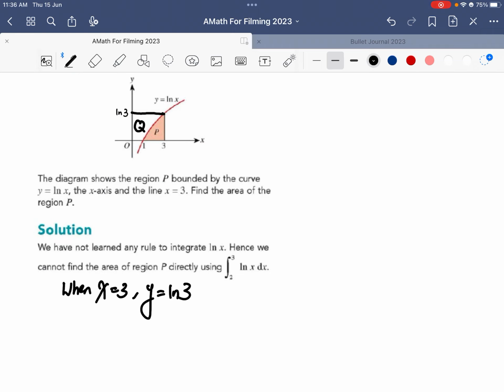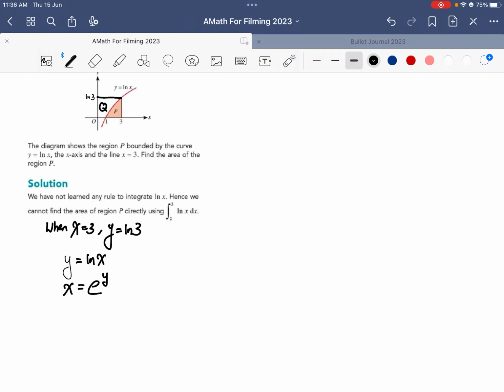Then what I can do here is this. I need to make x the subject of my formula. If y equals ln x, then x equals e to the power of y. Then I integrate e to the power of y with respect to y from ln 3 to 0.